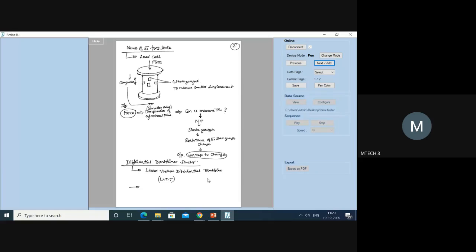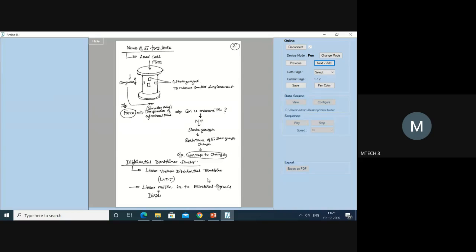It converts linear motion into an electrical signal. Linear motion is nothing but the displacement you are going to give.